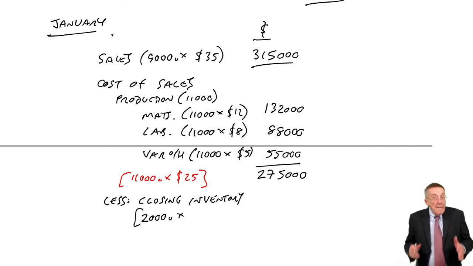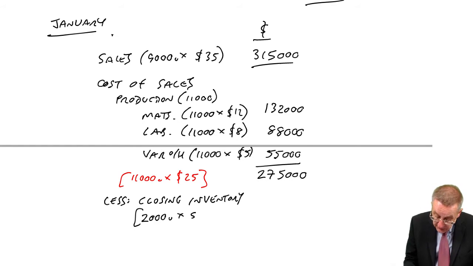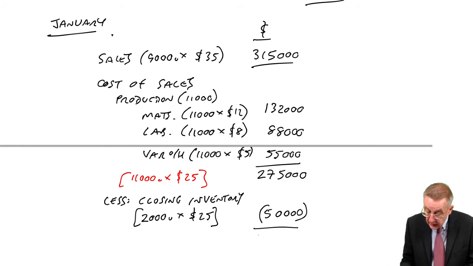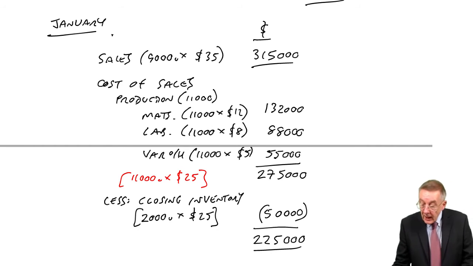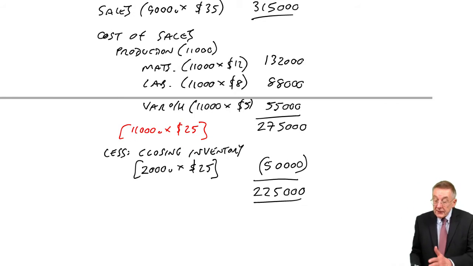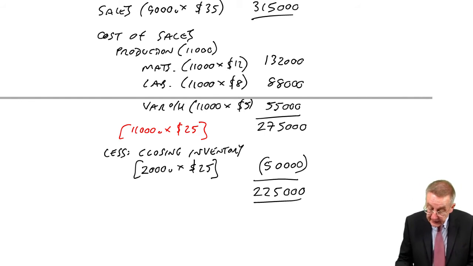And they'll be valued at the marginal cost, the variable cost of production, 25 a unit. 2,000 at 25 is 50,000, giving a cost of sales of 225. And so our profit so far, sales of 315 less cost of sales 225 is 90,000.